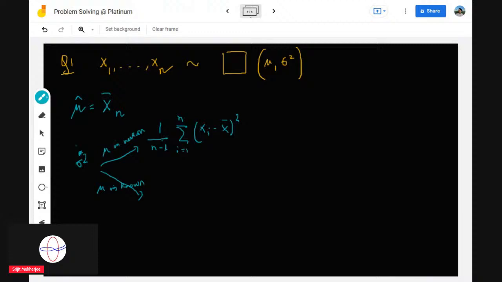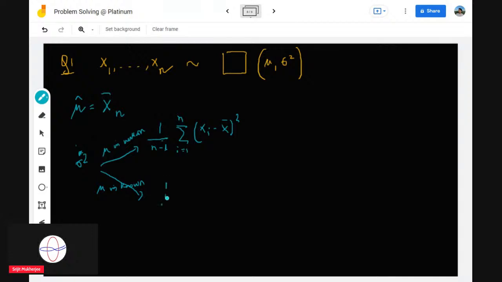Tishika? Replace x bar by mu and 1 by n instead of 1 by n minus 1. Very good.